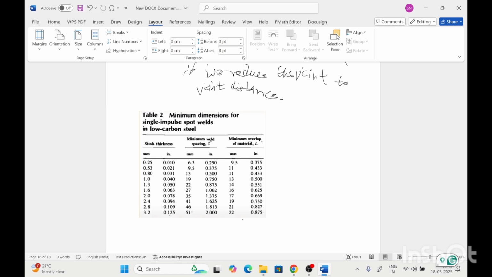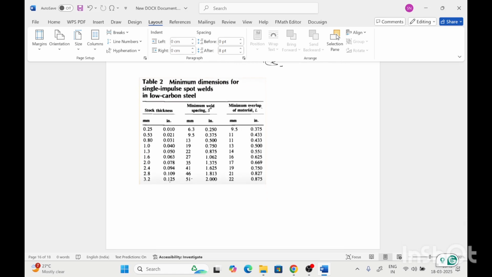So with increasing thickness, we have to increase the minimum overlap and the minimum weld spacing to form good joints.